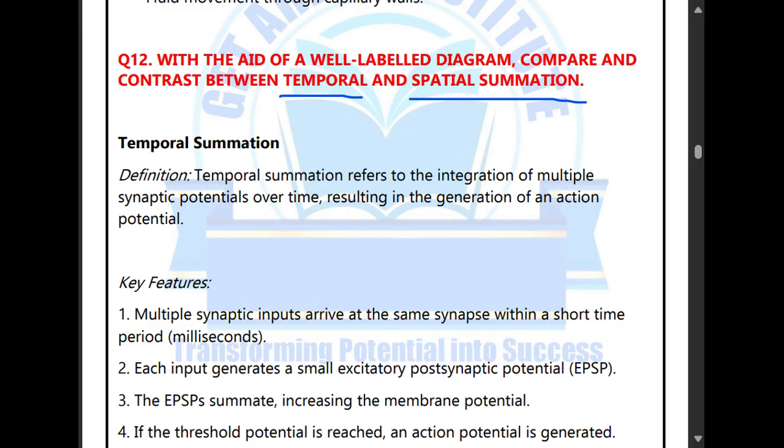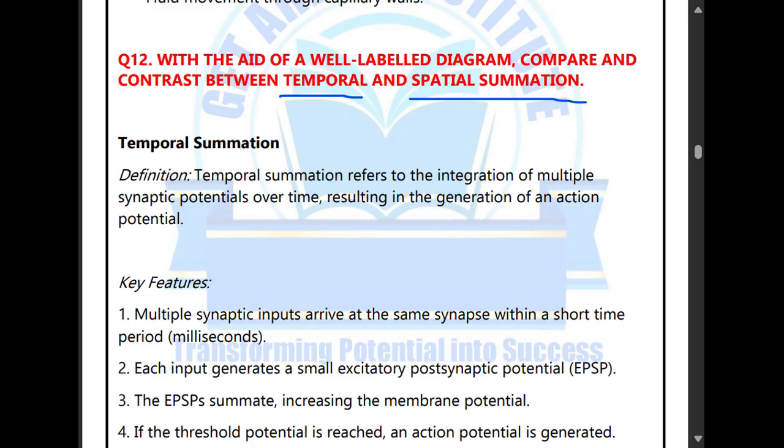Under graded potential, we said that if we are to bring the resting membrane potential to threshold, it means that we have to excite the cell. In this case, that is what we call excitatory postsynaptic potential. Then when we want to move the resting membrane potential away from threshold, that involves the inhibitory postsynaptic potential.